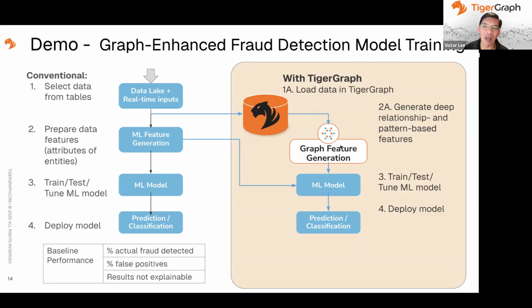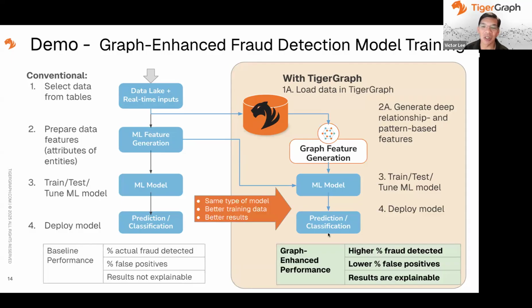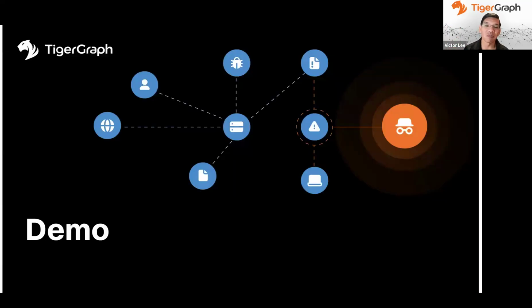I don't want to use the old phrase of garbage in, garbage out, but this is the case where if you can give better quality data features in, you're going to get better predictions. So it's the same type of model. It's the better training data that leads to better results, resulting in a higher percentage of fraud detected, a lower percentage of false positives, and you get explainable results because you can look at the graph and see the connections.